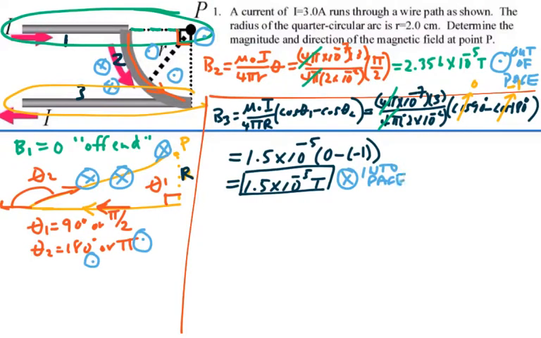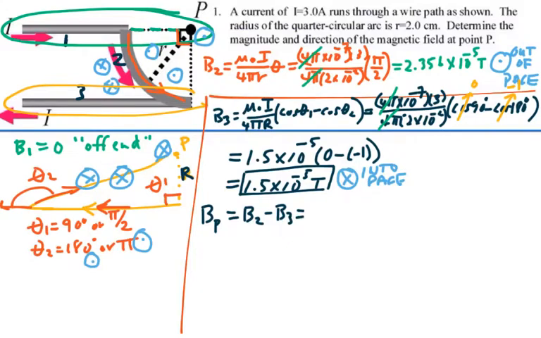So we have one magnetic field that's 0. We have one magnetic field that's coming out of the page, the other one that's going into the page. The bigger one's going to subtract from the little one. So our net magnetic field at point P is going to be equal to B2 minus B3.